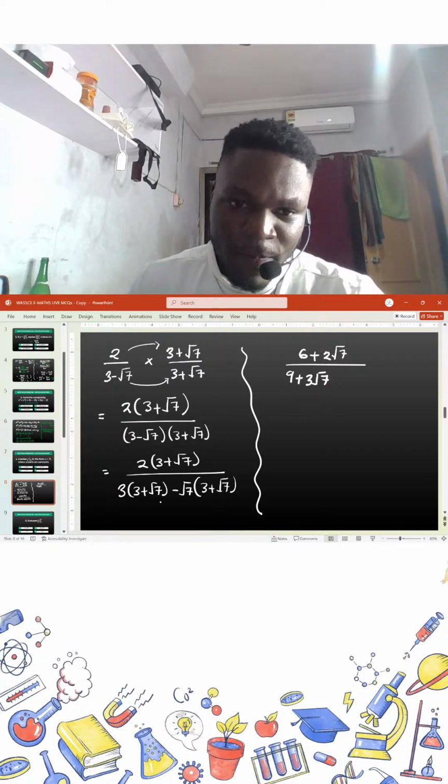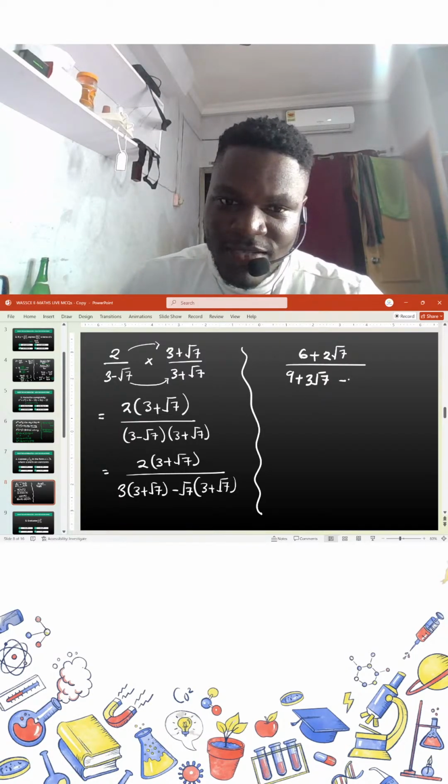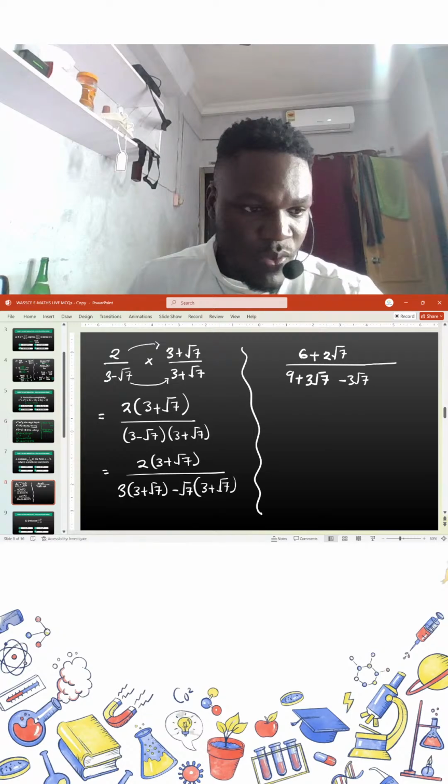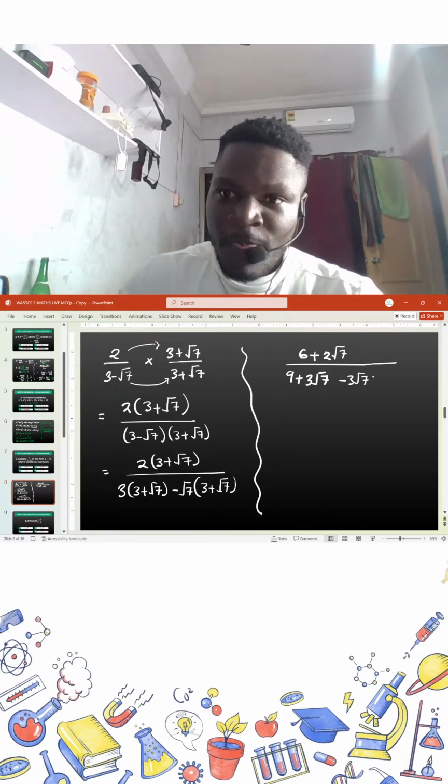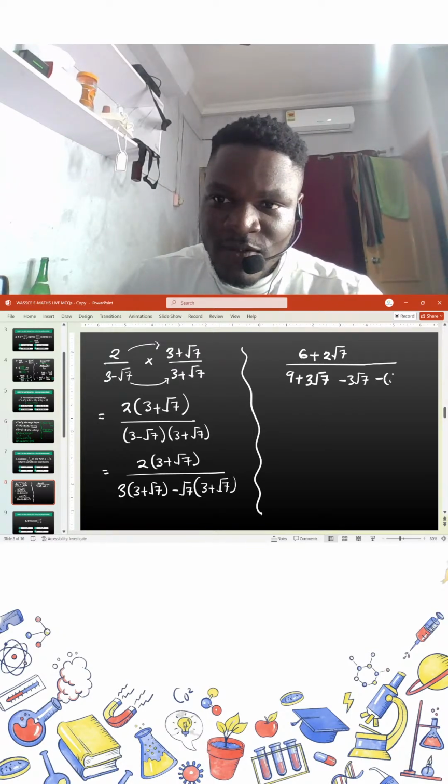Then negative root 7 multiplied by 3 will give me negative 3 root 7. And then negative root 7 multiplied by root 7 will give me negative root 7 squared.